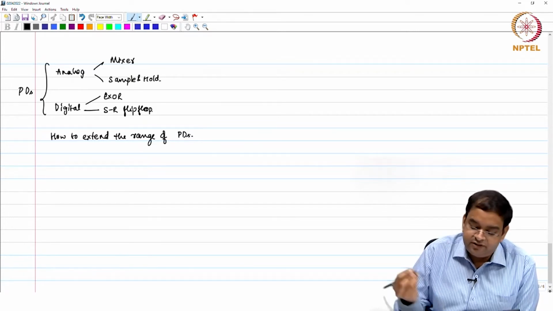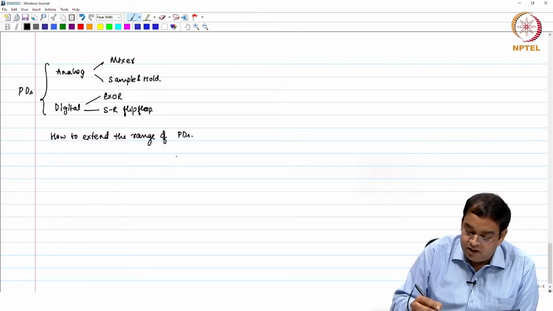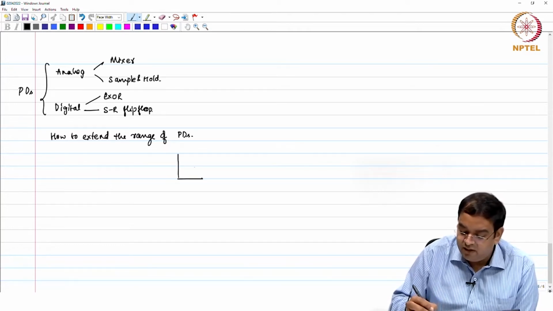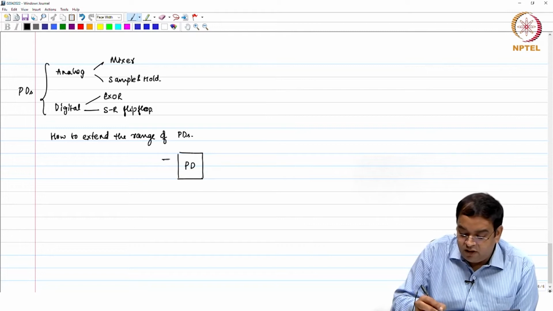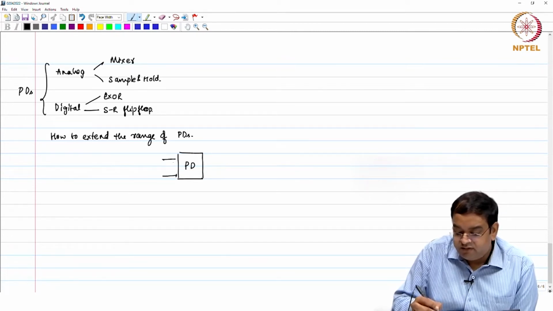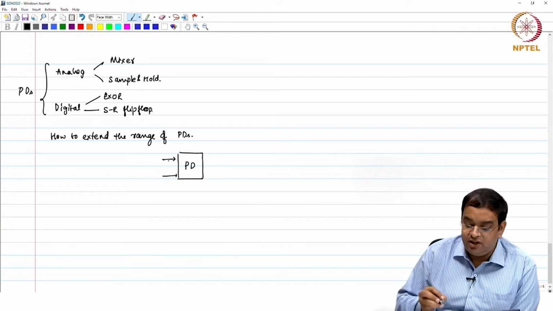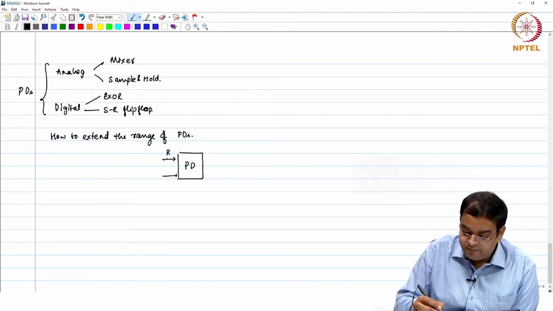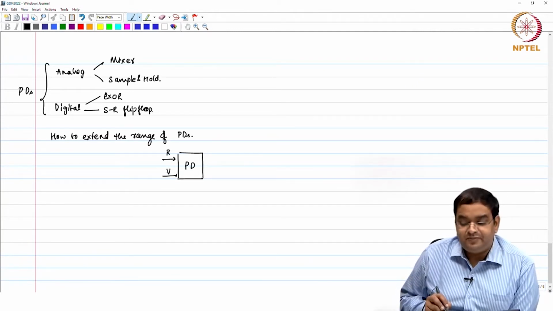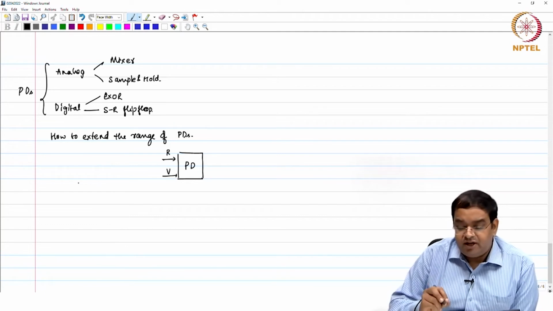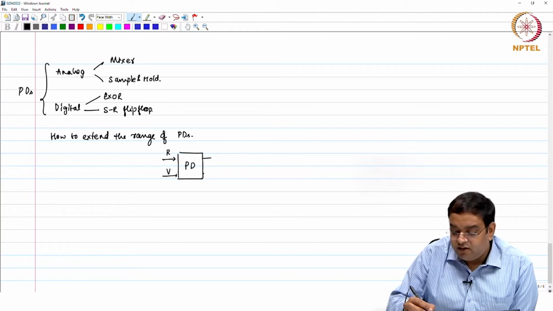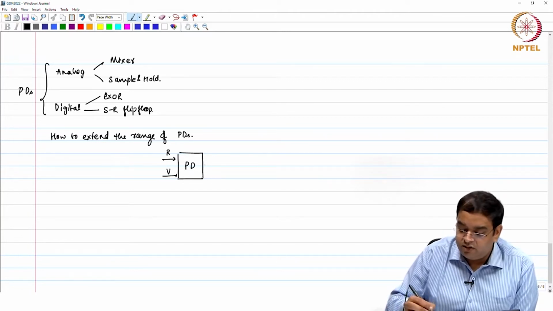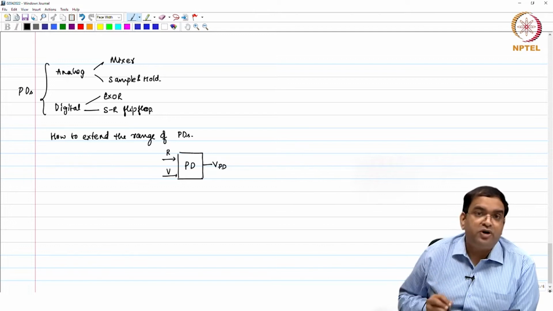For example, you have your PD, I will just draw it as a block, it can be your XOR gate, it can be your SR flip flop. We are just right now looking at square waves, so I will limit myself to digital. This is R and V, and we are talking about the clocks which have the same frequencies for now. So, it gives you VPD output.